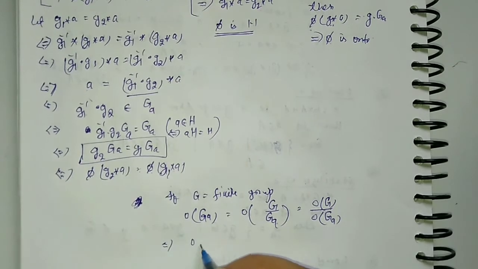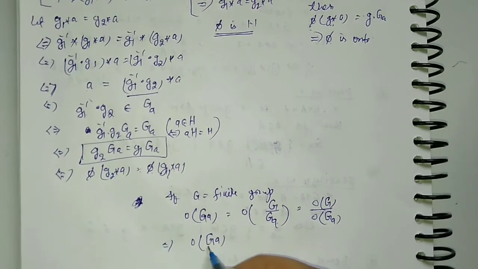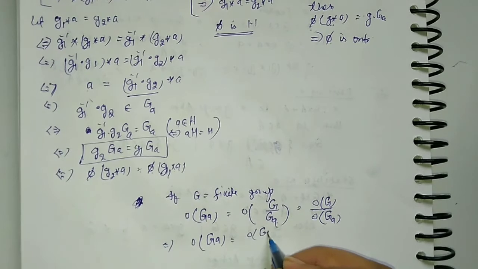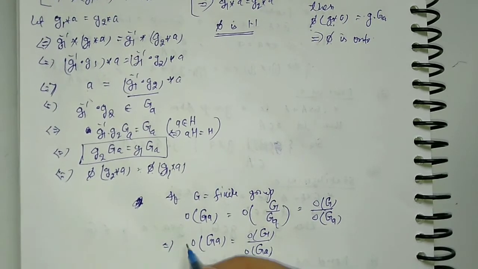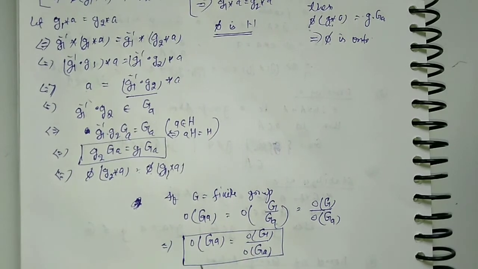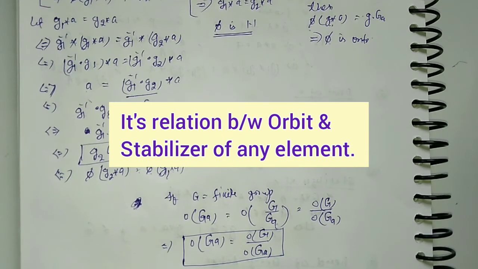So here the order of the orbit of a is equal to the order of G upon the order of the stabilizer of a. So we got this from our theorem, the orbit stabilizer theorem, if G is any finite group.